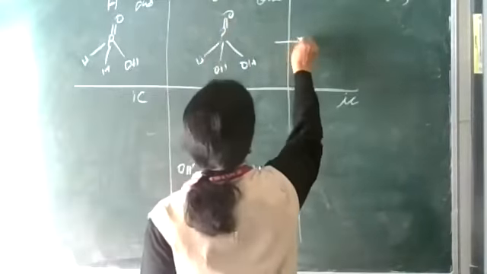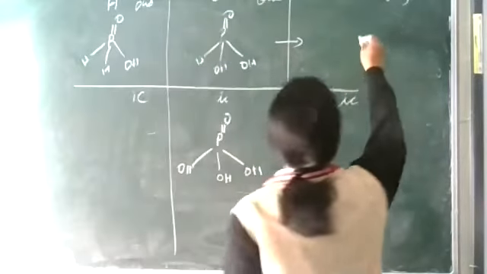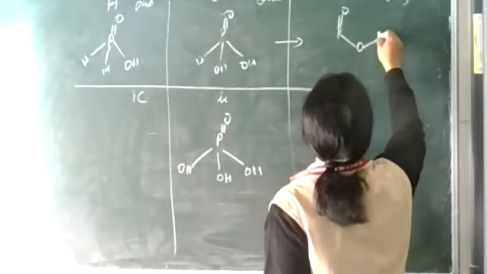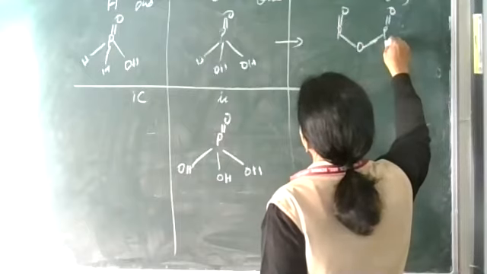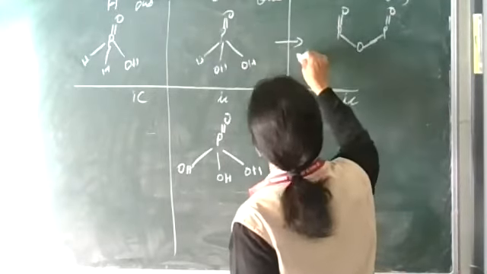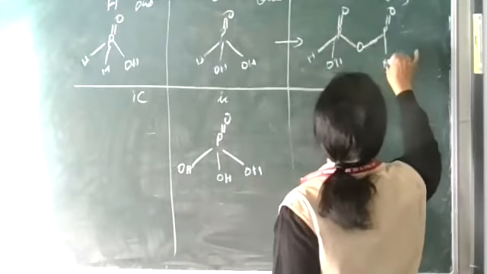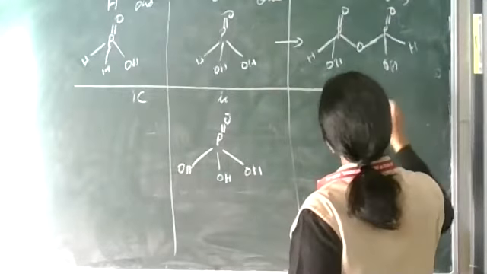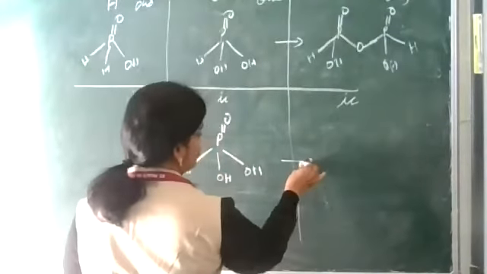Now from here, two molecules of this orthophosphoric acid, with one molecule of water removed, we get the P-O-P linkage.